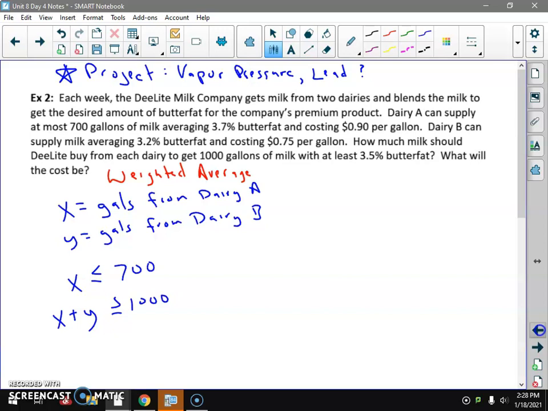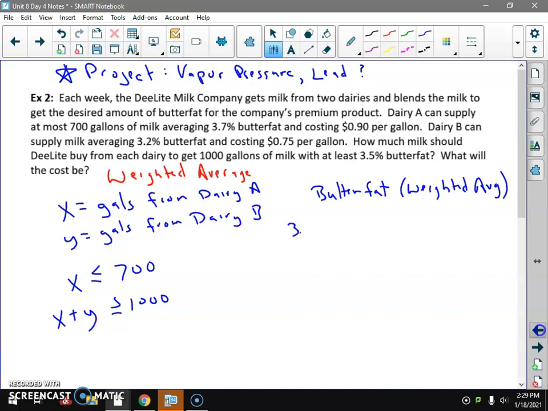Now we're going to do the weighted average butter fat. This is where the weighted average comes in. And again, it's just like your grades. X gallons from dairy A, that's how many tests you got in a certain grade. 3.7% butter fat, that's the grade you got.